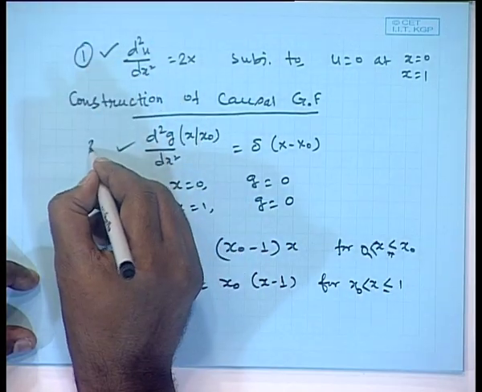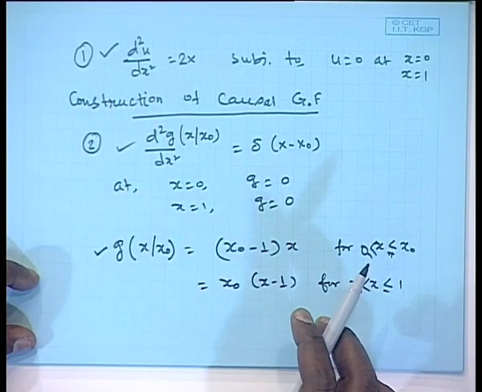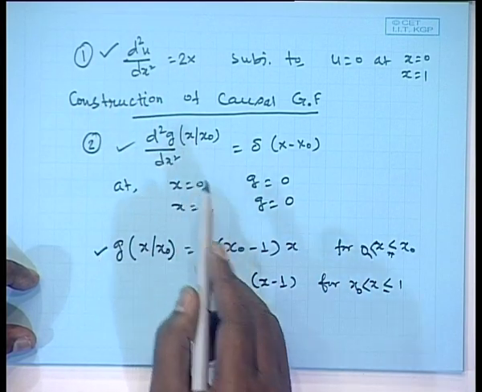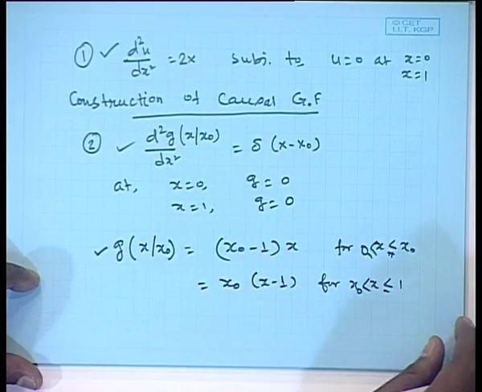Let us write down equation number 1, equation number 2. You multiply equation number 1 with g dx, you multiply equation number 2 with u dx and subtract, and see what you get.